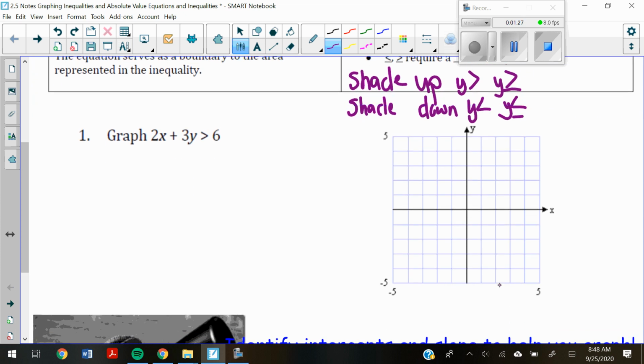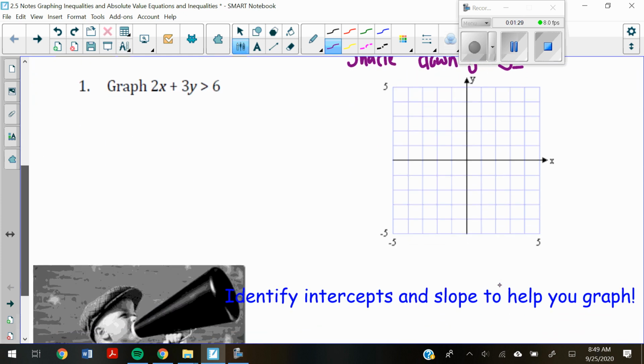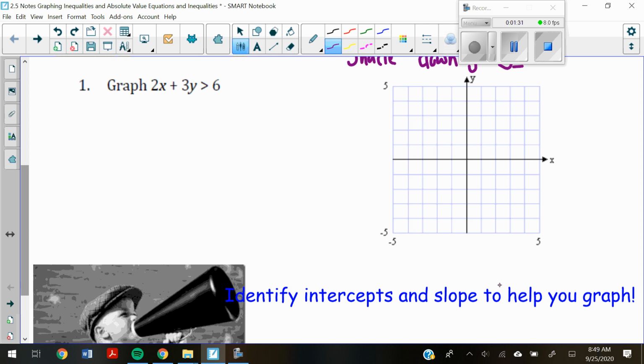So let's go ahead and look at this first one, and we have a little note here that says identify the intercepts and the slope to help us graph. Really, we just need the intercepts to help us with graphing for most of it. So this is in standard form, so I'm going to use the cover-up method that I talked about before. If I'm finding my x-intercept, my y-coordinate in my x-intercept is 0.